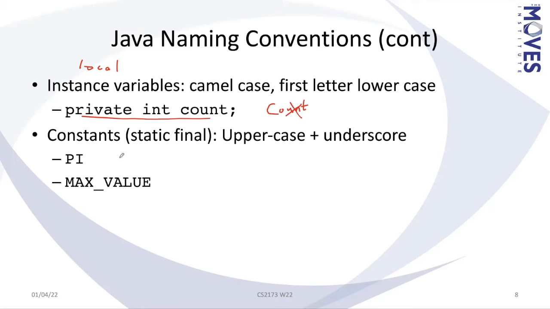Again, we'll circle back to all of this, but two examples that are actually in Java itself are PI, which is an approximation of the value of pi, notice all uppercase, that's fine, and MAX_VALUE, something which certain numerical objects have as a constant. The idea is that instead of camel case to make things readable, they use underscores to make them readable.